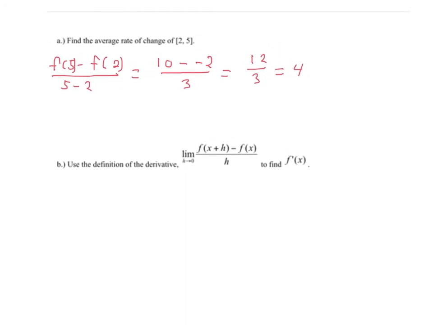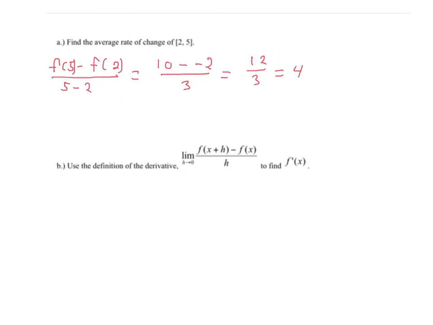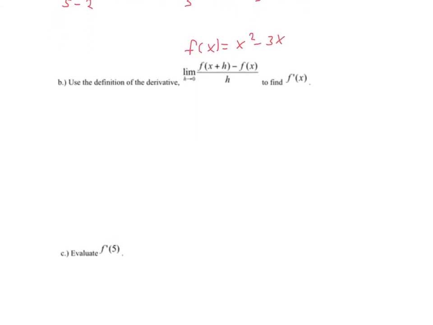We now want to use the definition of the derivative, and just for my sake, because I don't want to have to keep scrolling up, f of x is equal to x squared minus 3x. I'm going to come right down to the wire here. I'm wasting time. Okay, so using the definition of the derivative, the limit as h goes to 0 of f of x plus h.